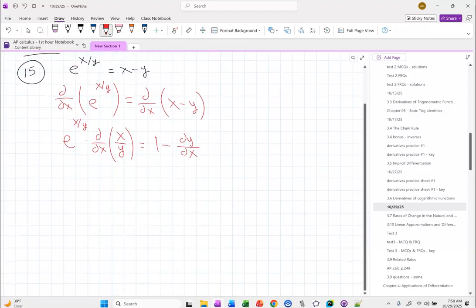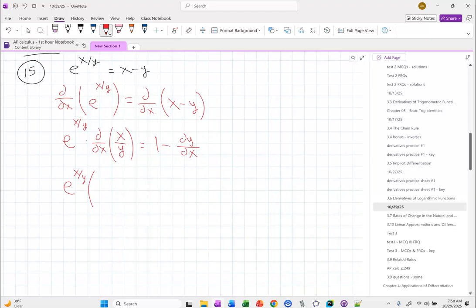Now, to differentiate x over y, what do we need to do? We need to use the quotient rule. So it's the bottom times the derivative of the top minus the top times the derivative of the bottom, all over bottom squared. So far, so good.